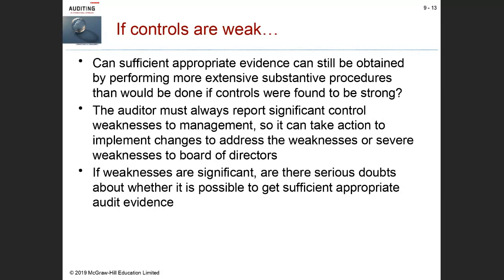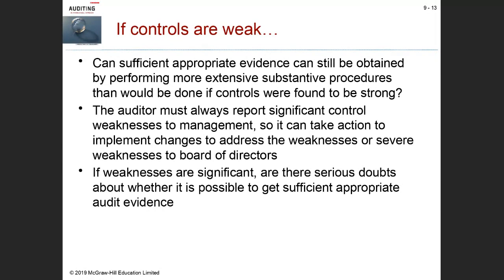The second bullet point, the auditor must always report significant control weaknesses to management, so management can take action to address the weaknesses. Or if there were very severe internal control weaknesses, report them to the board of directors. So as auditors discover internal control weaknesses, they report the minor ones to management, the major ones to the board of directors and management.